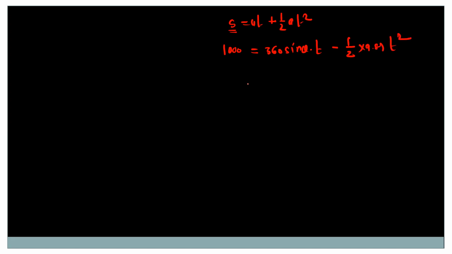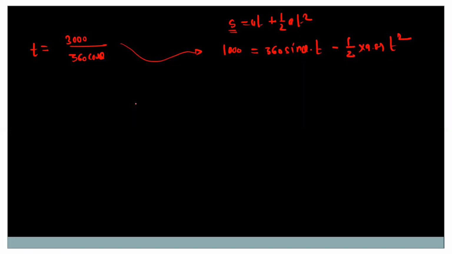Now from the first equation, we have the value for t. So t is equal to 3000 upon 360 cos theta. So put this value in this equation.